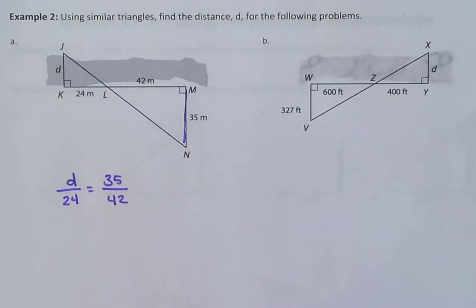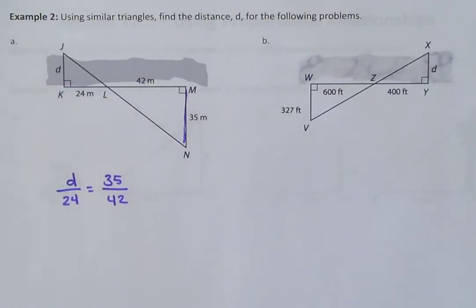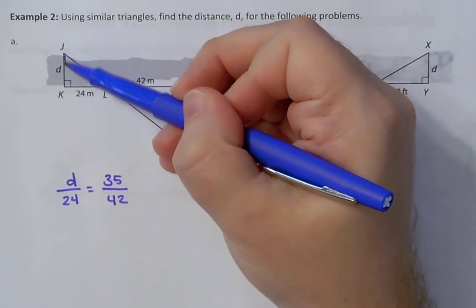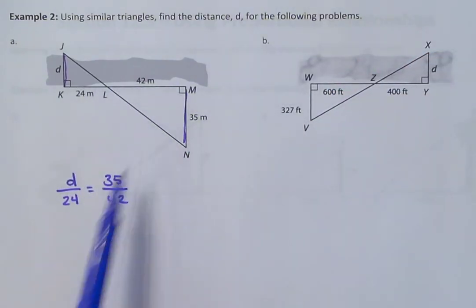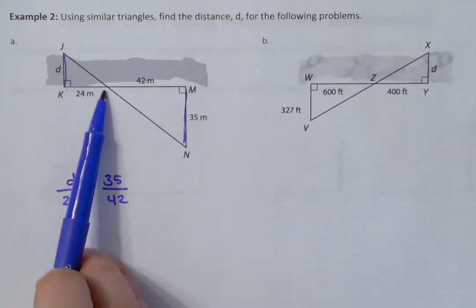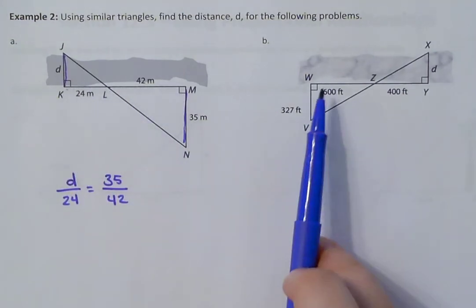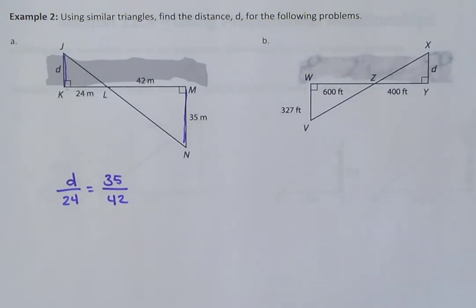So when you are setting up your proportions, okay, the two that you could think of as height or distance, these two are going to match, and then the two that touch are going to be your sides that you're going to have on the bottom. So this length and this length, just like 600 and 400 for part B. So from here, all you have to do is just your usual cross multiply and then divide to solve.